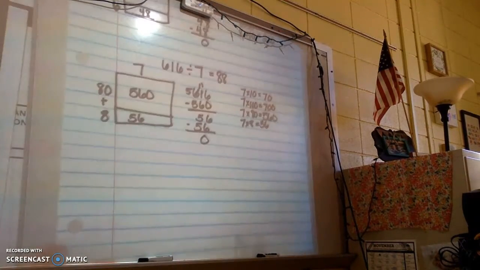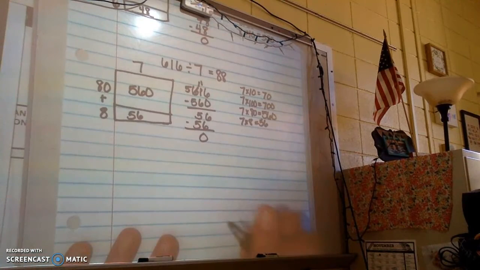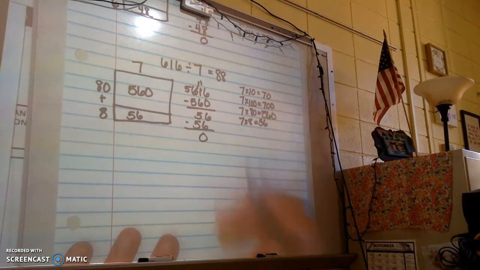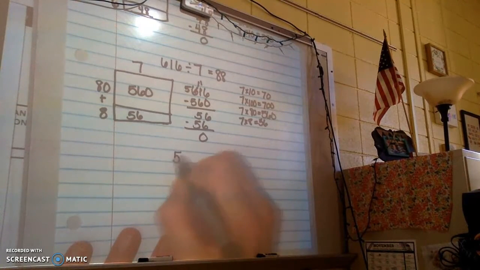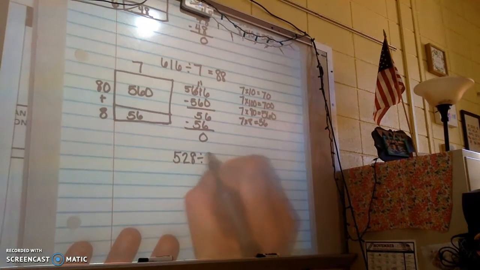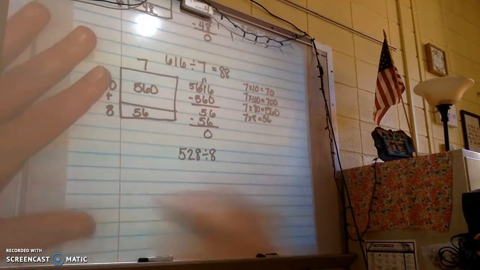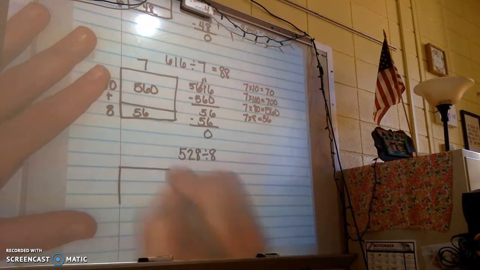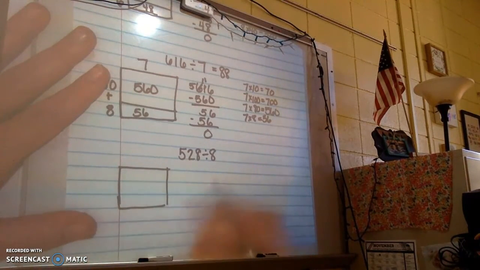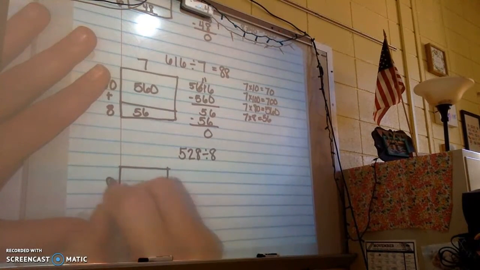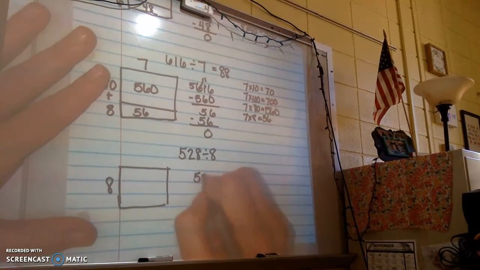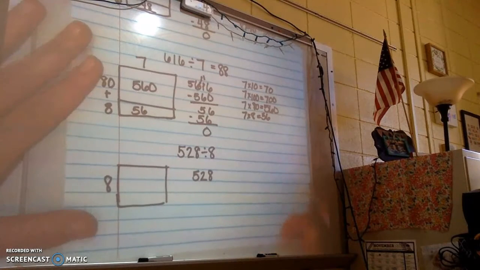I'm going to do one more example for you with area model here. Let's do 528 divided by 8. So I'm going to draw my box. 8's going to go on the outside. 528 is going to go here.